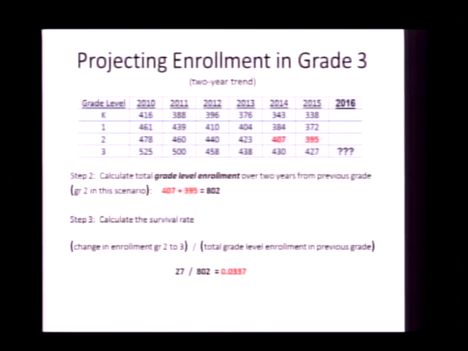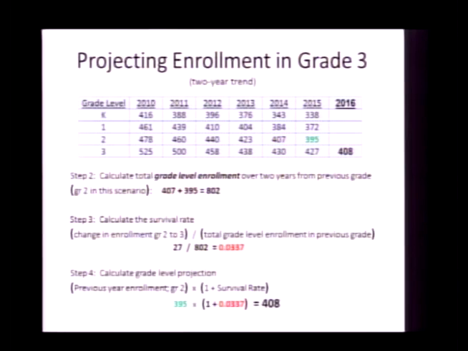Divide that by the total grade enrollment from the previous grade level, which was 802, to get a cohort survival rate of 0.0337, and then make our projection. Taking previous year's grade 2, applying my cohort survival rate, so we would anticipate in 2016 a grade level of 408 students in grade 3, population of 408 in grade 3.